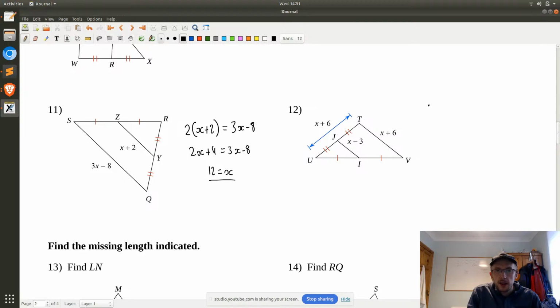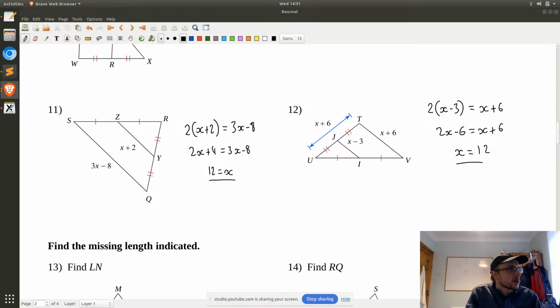By the mid-segment theorem, double x take 3 would be x plus 6, so 2x take 6 is x plus 6. So solve now. x take 6 is 6, so x is 12. And check. And they're both correct, and that's good.